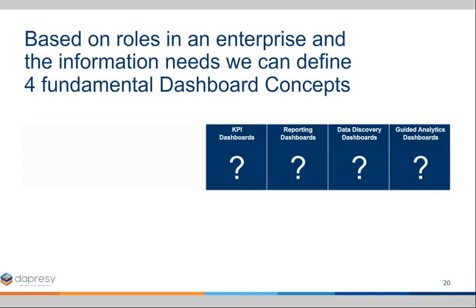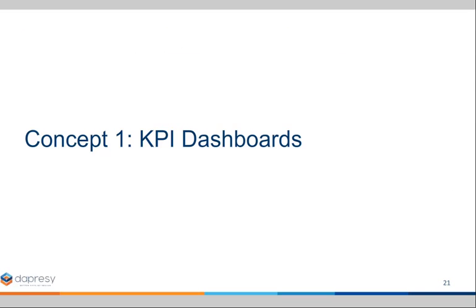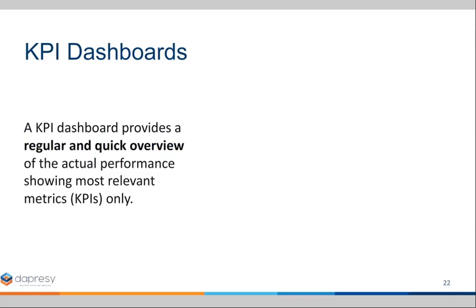So the 4 different concepts I would like to share with you are, on the one hand, KPI dashboards, reporting dashboards, data discovery dashboards, and guided analytics dashboards. So the first thing is the KPI dashboards. KPI dashboards, as said, is per definition a regular and quick overview of the actual performance, showing most relevant metrics.